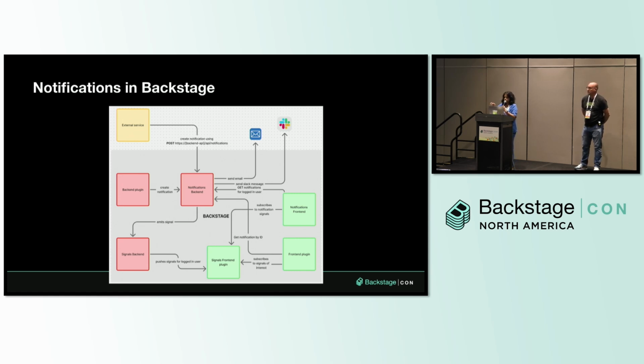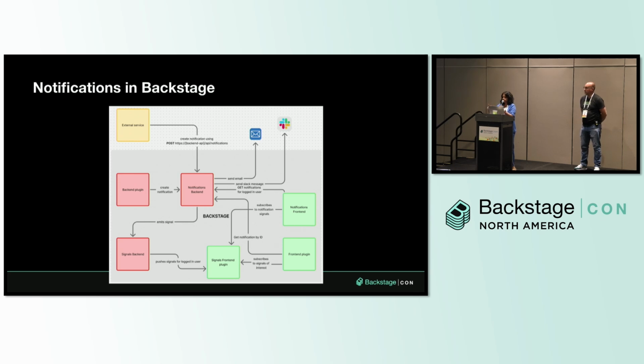Now, other frontend plugins in Backstage could subscribe to specific topics. You could publish signals with a specific channel ID, and signals could be for multiple different reasons. Notification is, let's say, a type of signal.